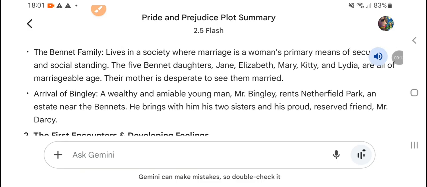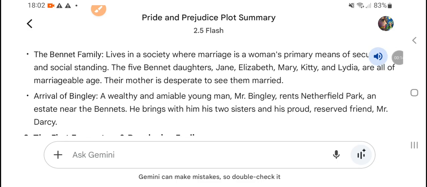So, let us see what happens in the Bennet family, Bingley family, Darcy family, and Gardiner family, and so many characters are here. But yes, major characters are the Bennet family, five sisters, and parents, Mr. Bennet and Mrs. Bennet. Then another family, that's the Bingley family.